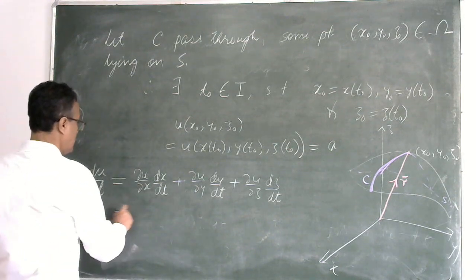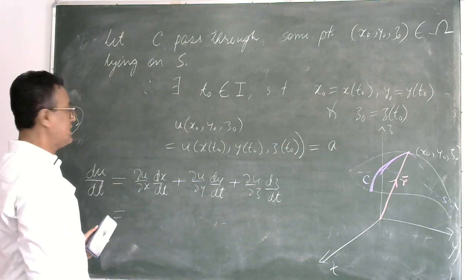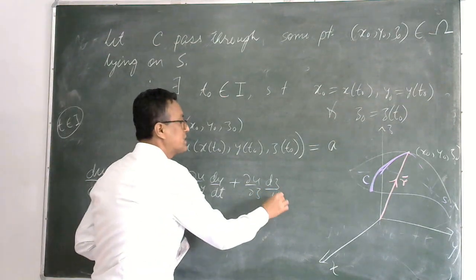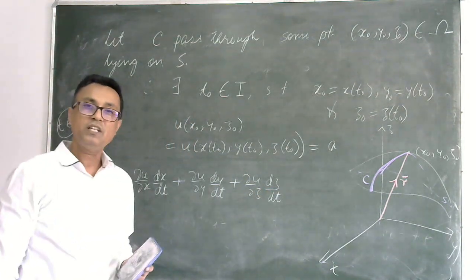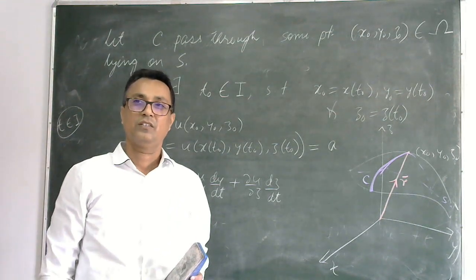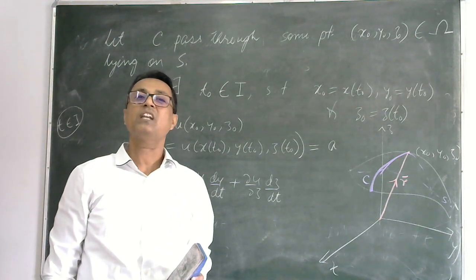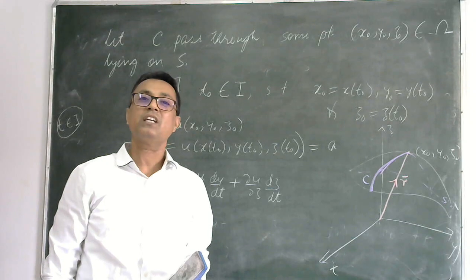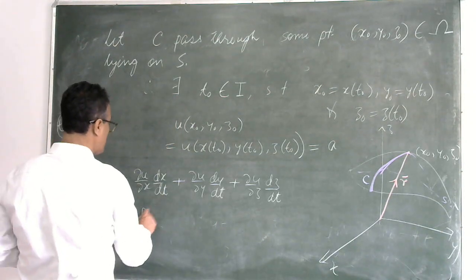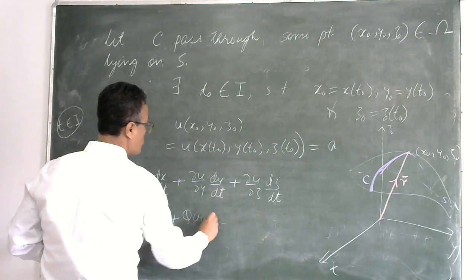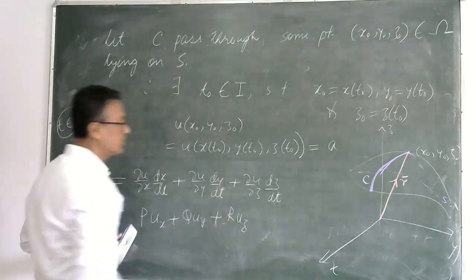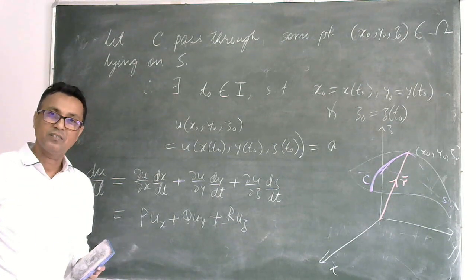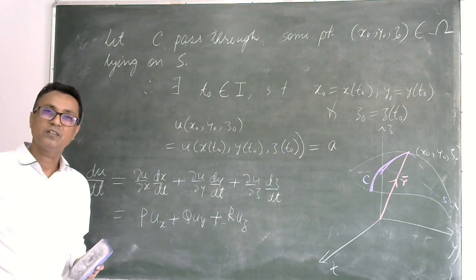Now this variable t over the interval I defines the curve C, and that curve C was nothing but an integral curve. So from here I get P u_x plus Q u_y plus R u_z, isn't it?